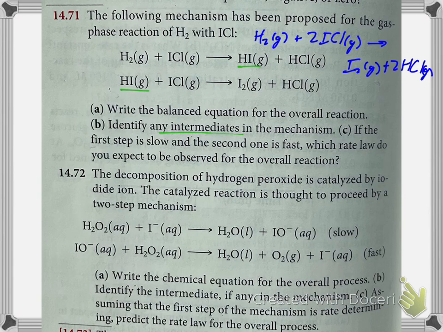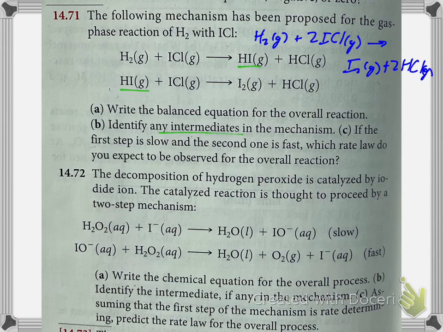The intermediate is HI. And then it says, if the first step is slow and the second one is fast, which rate law do you expect to be observed? Well, once again, if the first step is slow, then the rate determining step rate law will be the overall rate law.